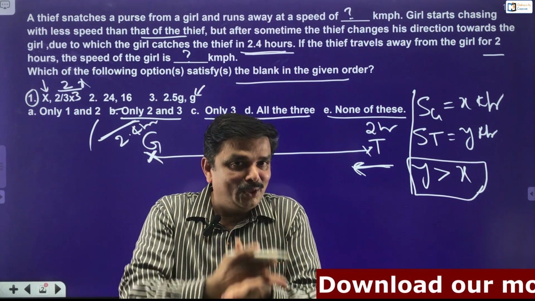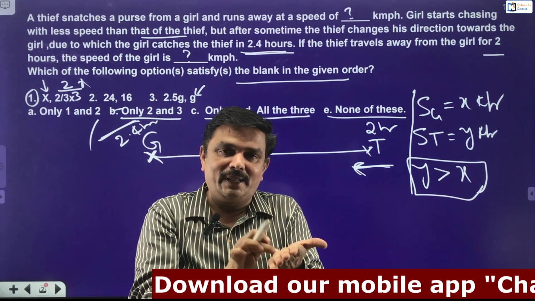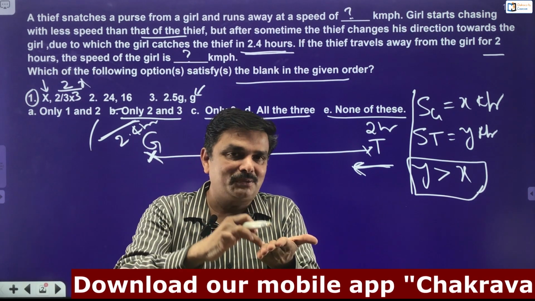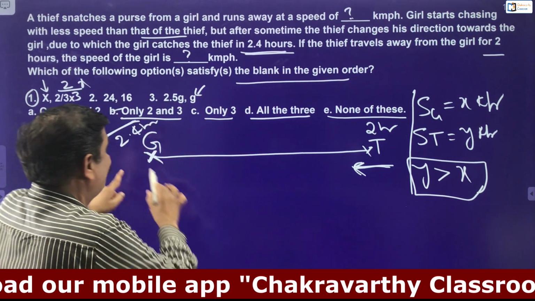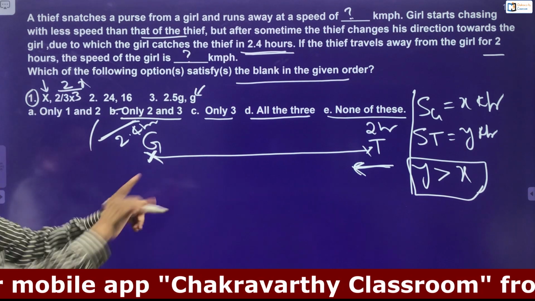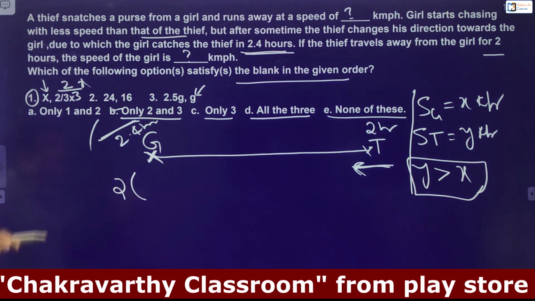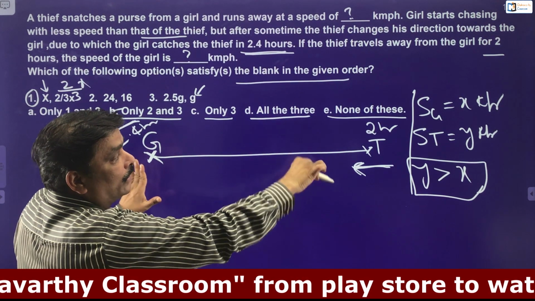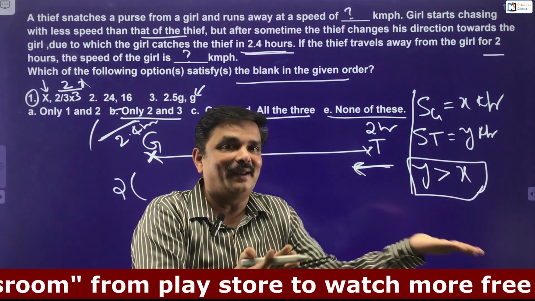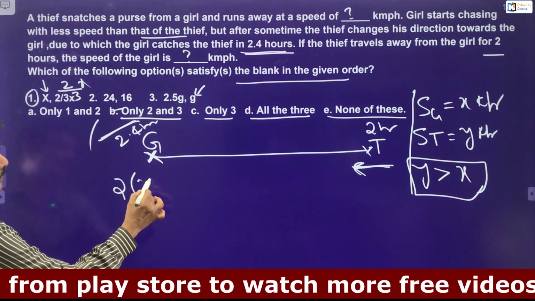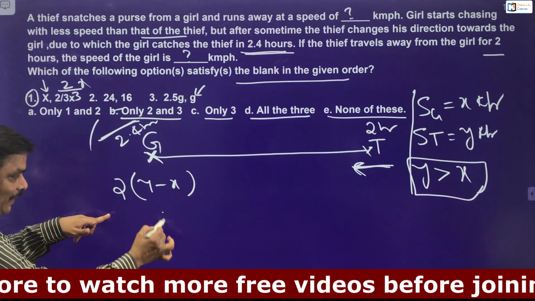Relative speed into time will give me the distance. I repeat, I am finding the distance here. Distance is equal to relative speed into time. Now for this action, how much time has it taken? 2 hours. That is 2 hours into, what is the speed here? Speed of the thief minus speed of the girl, because the thief's speed is more. For that reason, this is y minus x. What is this one, students? Actually, the distance.